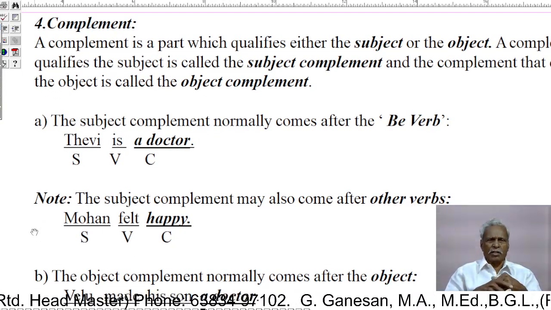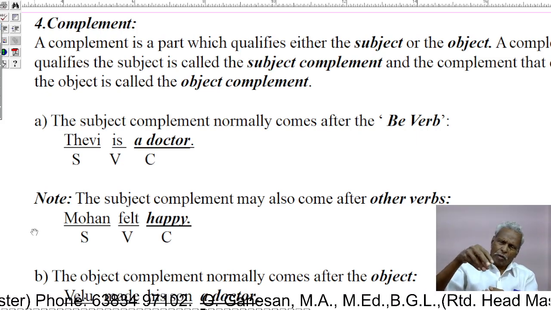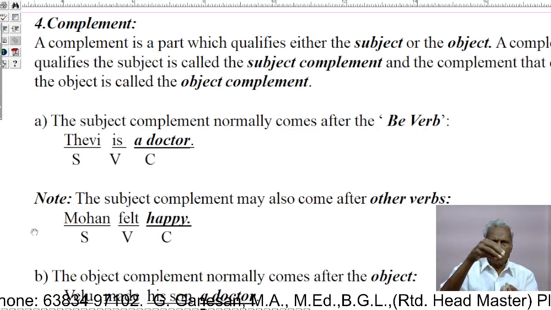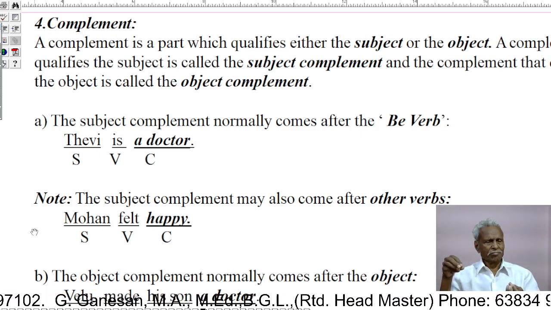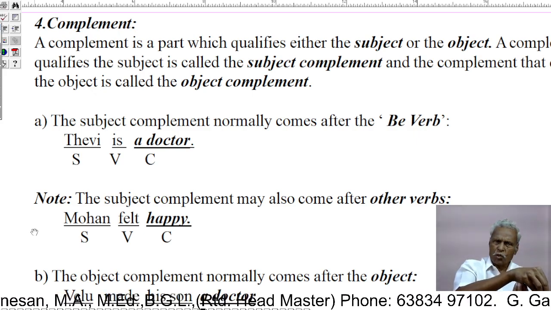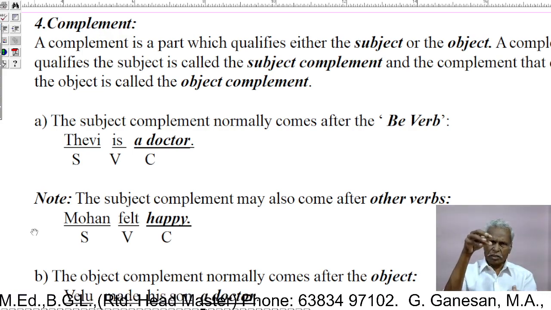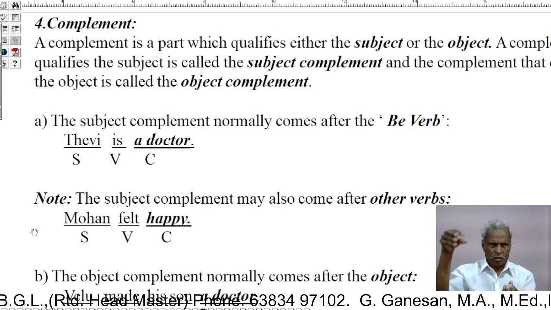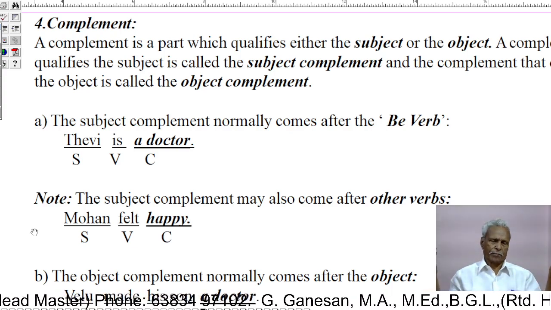Then let us see complement. What is complement? A part that qualifies something, that qualifies either the subject or the object. The word or words that qualify the subject or object are called the complement.